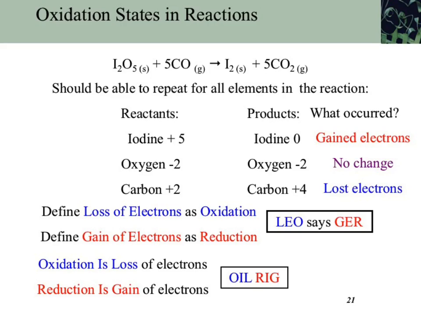Okay. One more little bit of trivia. We've got oxidation and reduction. The whole gain of electrons and loss of electrons is actually kind of an artifact. That's a recent discovery. We didn't even know we had electrons until about 1900. Oxidation and reduction are old terms.